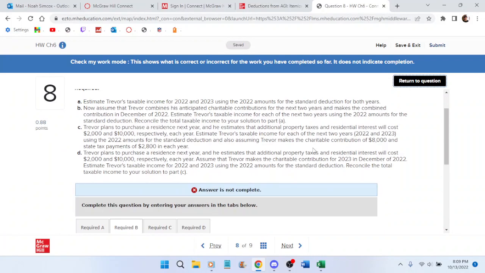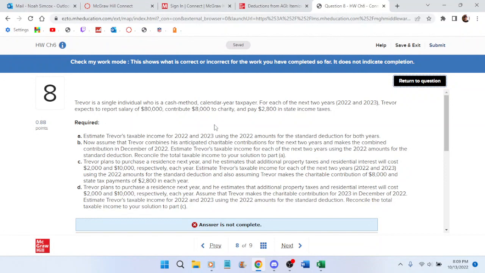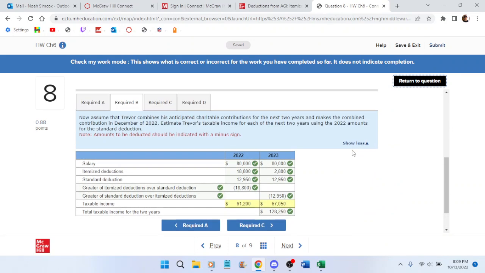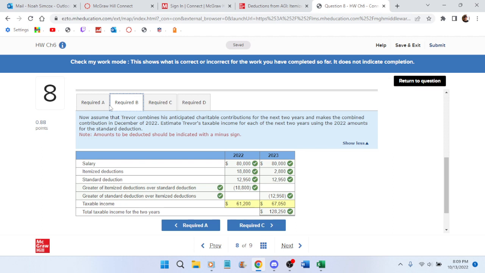That's what we're doing this for. We're trying to figure out what's the best way to pay this charity in order to have the most tax benefits. Yay! So your total taxable income for the 2 years is 128,250. Here it's 134,100. This is a more favorable way to do it because yeah, who cares? Okay.